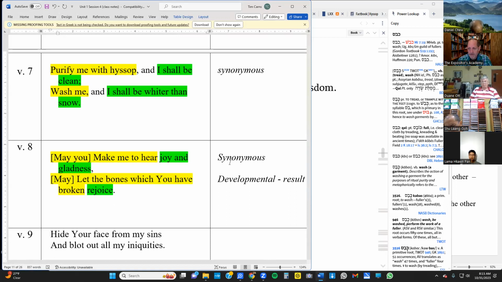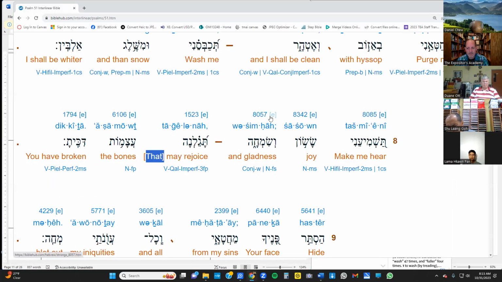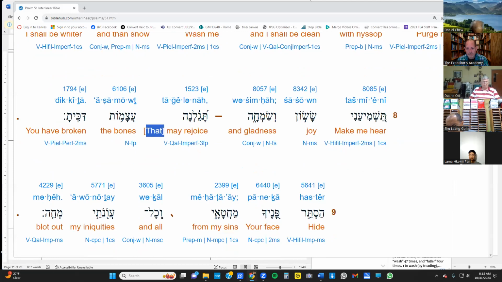So you go, well, okay, does going to the interlinear help us at all? Let's see, maybe verse 8. Make me hear. Now, if you understand Hebrew grammar a little more, I think the idea is that this is more of a prayer because of the construction of this verb.